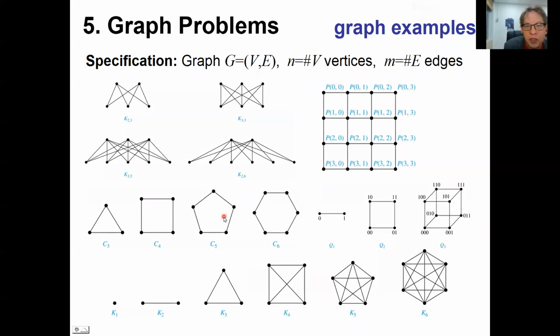The circle graphs are indicated here. The hypercube graphs are depicted here, dimension 1, 2, and 3. Up to you to imagine higher dimensions. Then we have here the complete bipartite graphs. And here we have a grid graph.